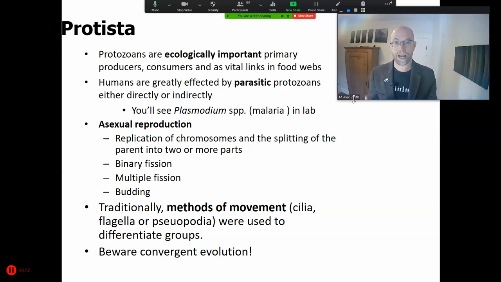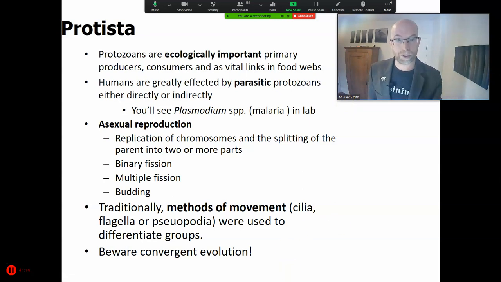And so our understanding of who's related to whom within the large groups of protozoans has been challenged and reshaped a lot in the last 20 years as we've begun to sequence and understand the DNA of the protozoans themselves. Now, there's also still an element of discovery.